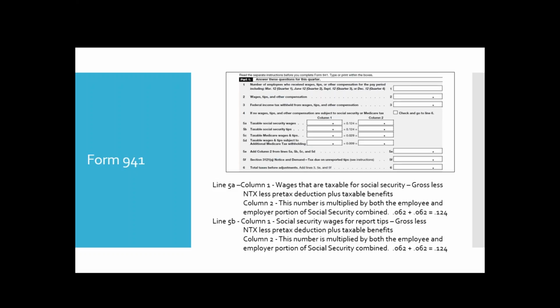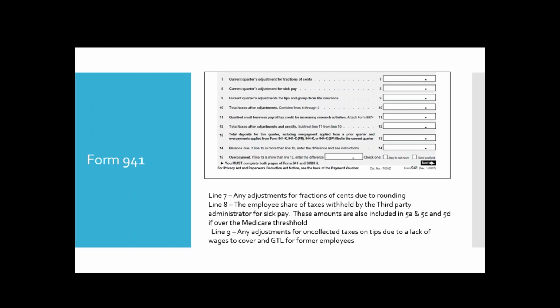And line 6 is a total of lines 3, 5E, and 5F. And this is the total taxes before you make any adjustments. Line 7 gives you a spot to enter an adjustment, either positive or negative, that can account for rounding or fractions of cents.